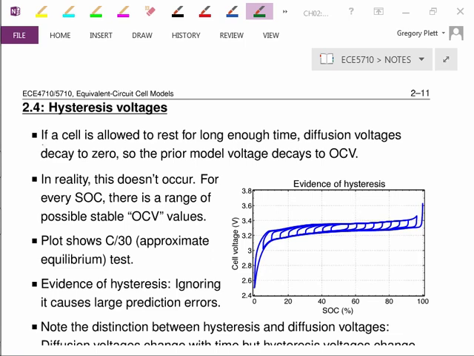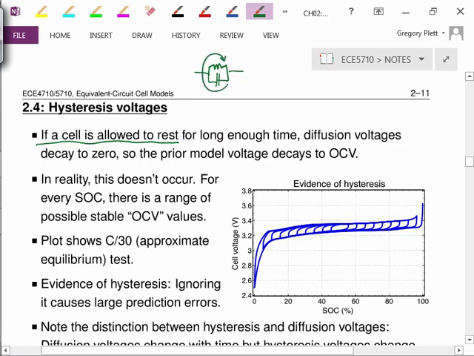One thing we notice in a real battery cell is that if the cell has been active for a while and then it is allowed to rest for a long enough time, the diffusion voltages in the prior model will decay to zero, because in the resistor capacitor network, any capacitor voltage is going to self-discharge through its resistor.